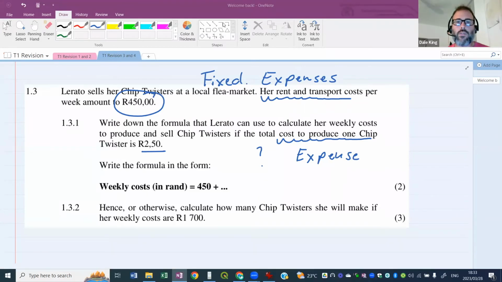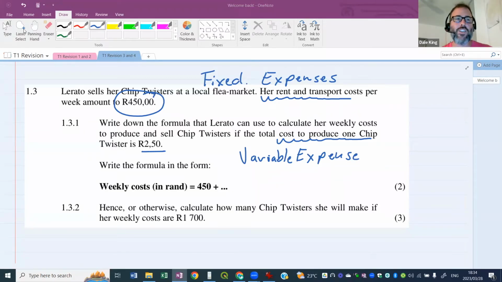Well done, Latabo. It is variable. Good. It varies. So the cost to produce the chips, or the number of chips that she produces, and the cost in total because of that will vary depending on the number of chips. So this cost is called a variable expense. It changes depending on the number of chips. Non-fixed, good attempt. It's not fixed, it's variable.